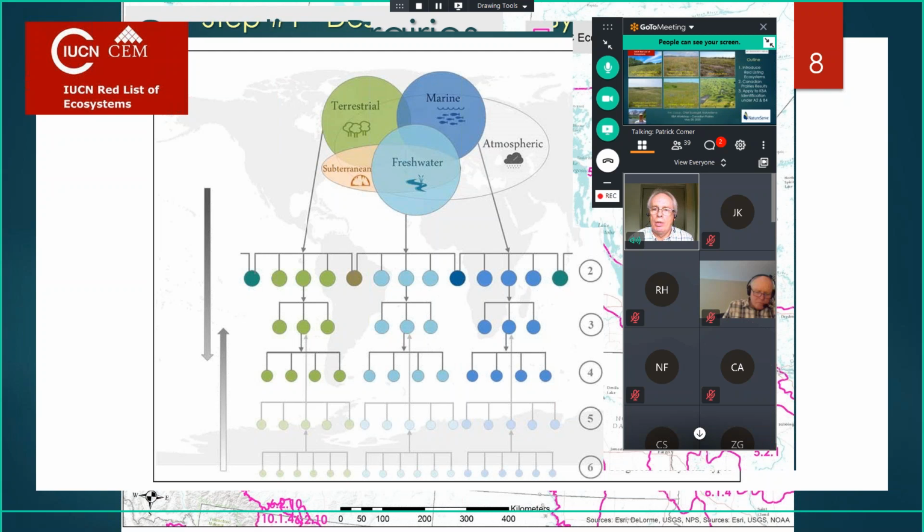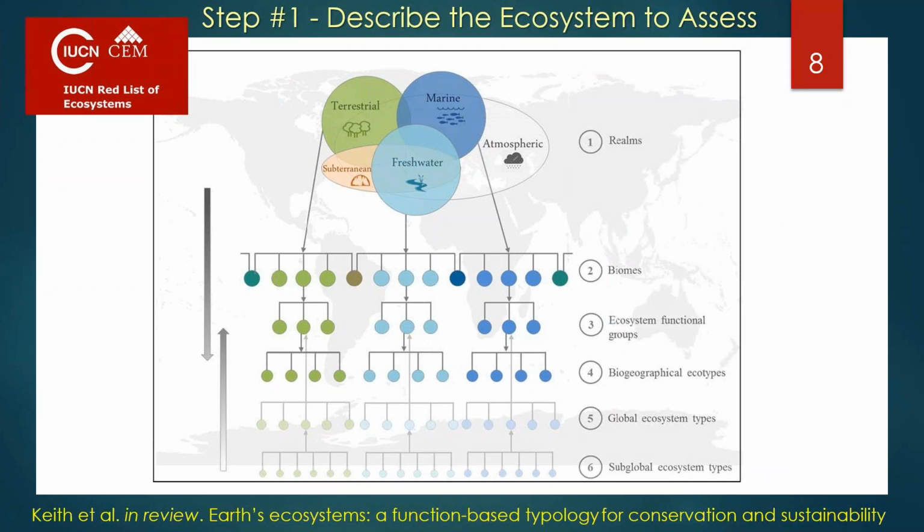There has been a recent effort from an IUCN perspective to organize ecosystem classifications so that we have some broader framework to organize our thinking about what ecosystems we want to assess in a given area. And this process is currently in place to organize realms.